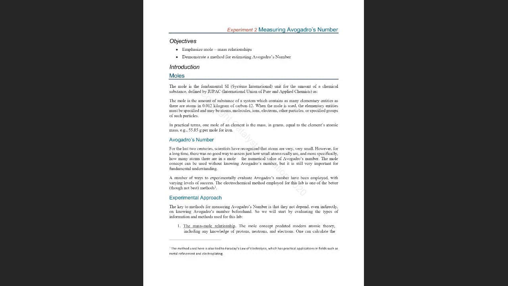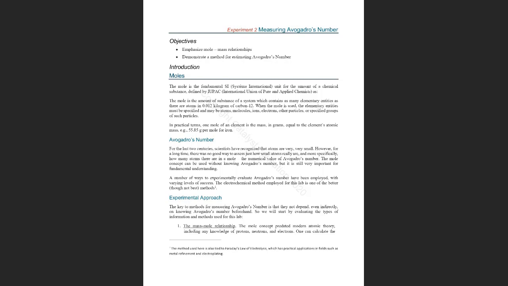In our experiment, the Avogadro number is the number of electrons in 1 mole of electrons. So we need to determine both the number of electrons and the moles of electrons.